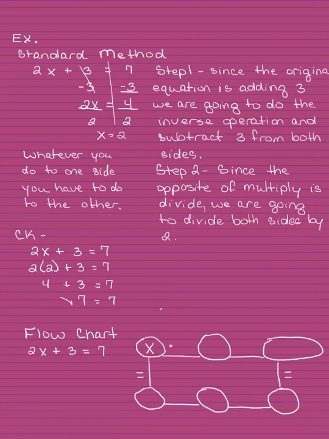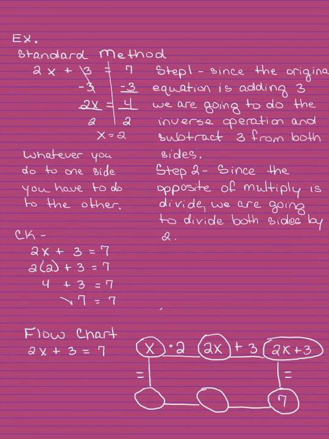Okay, in the top circle, we are going to put our variable, our x, times 2, which is 2x, in our middle circle, plus 3. So in our last circle, we have 2x plus 3, which is our equation, equals 7.